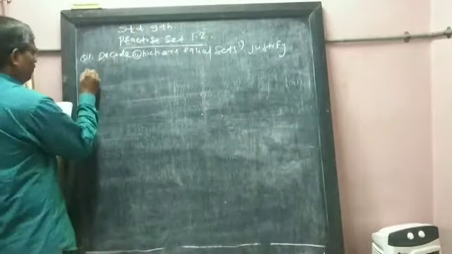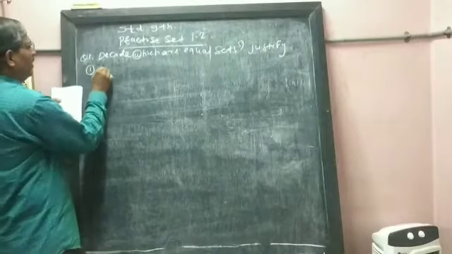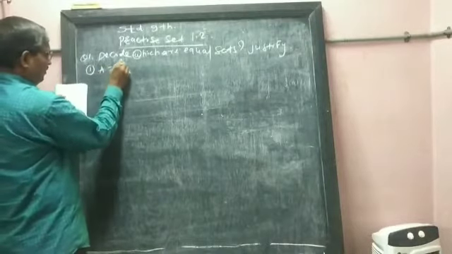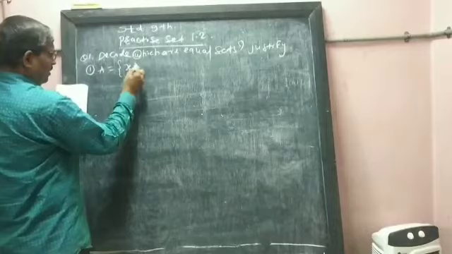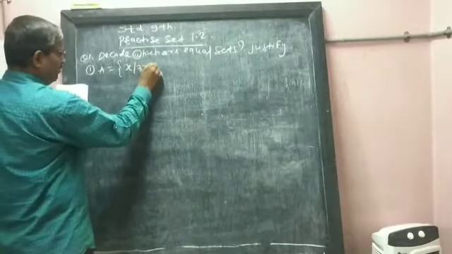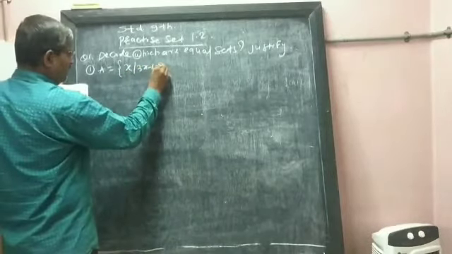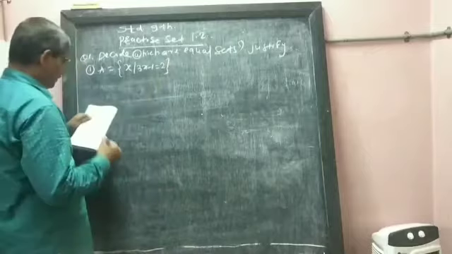Look here, 1. A is one set given: x such that 3x minus 1 is equal to 2.